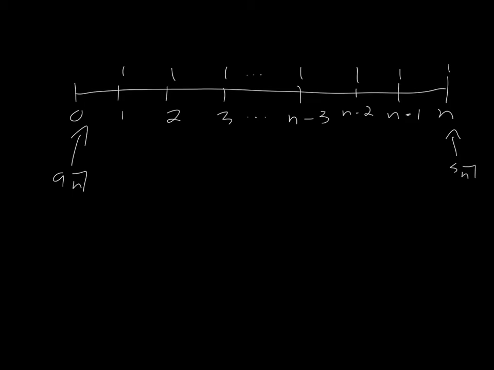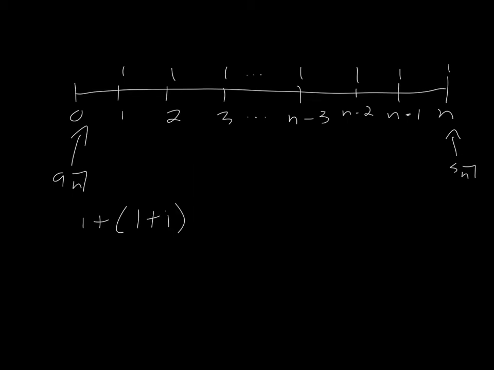Let's first consider what S angle N looks like in its long form. First of all, consider the last dollar at time N. It is worth how much at time N? Well, it is worth exactly $1. The dollar at time N minus 1? Well, between N minus 1 and N is 1 year of earning interest. So within that year, it's equal to itself plus the amount of interest earned.